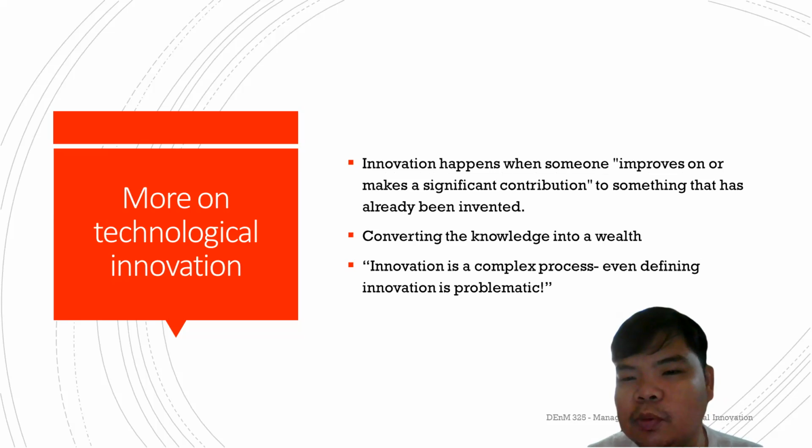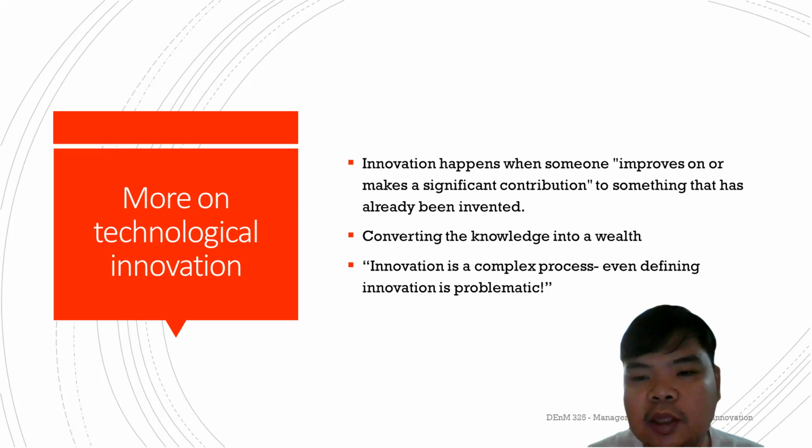Innovation happens when someone improves or makes a significant contribution to something that has already been invented. It doesn't mean that you haven't created a new product, so there is no innovation. Even if there is an existing product and you improve that certain product, that's already a form of innovation, specifically if there is a significant contribution to that given product.